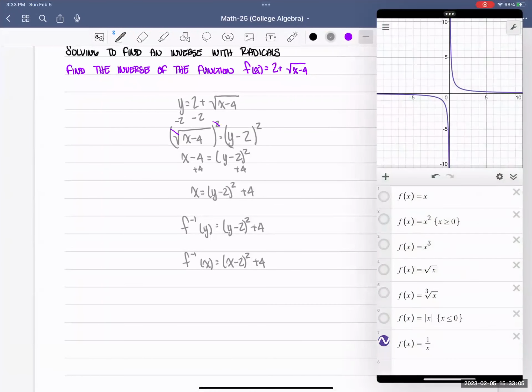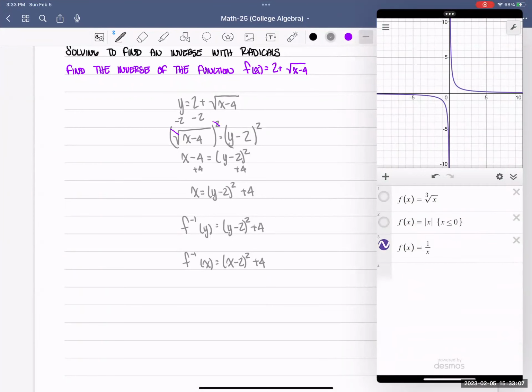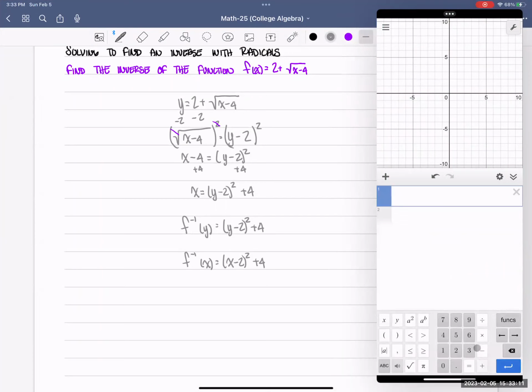So getting rid of all of these. All right, so starting off with this, we have f of x is equal to 2 plus the square root of x minus 4. Perfect. Love that graph. And let's try this one.